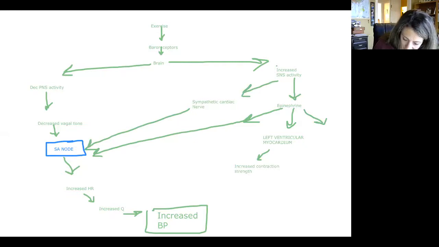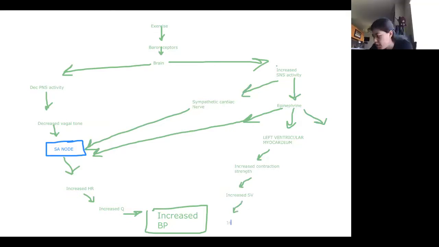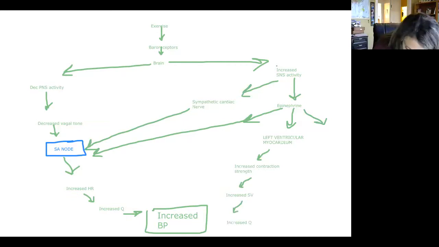So epinephrine acts on the left ventricular myocardium to cause an increase in contraction strength, which causes what? Increased stroke volume, which causes increased cardiac output, which will give us increased blood pressure.